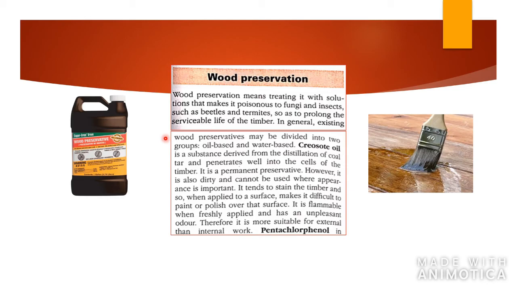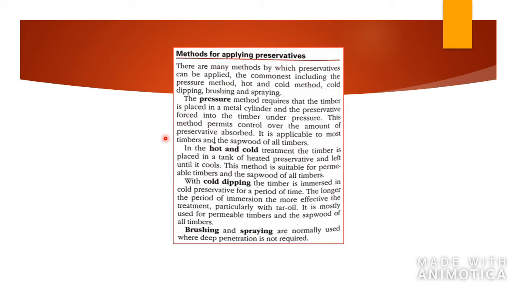There are different methods for applying preservatives. I'll just let you go through the different methods. You can apply it using pressure. You have the hot and cold treatment. You have cold dipping, where you dip the wood itself into cold water with the preservative.